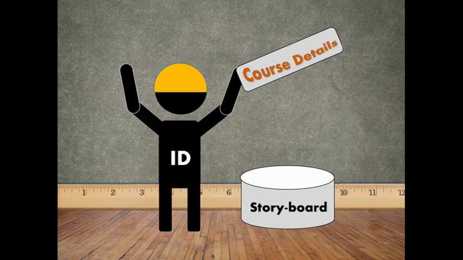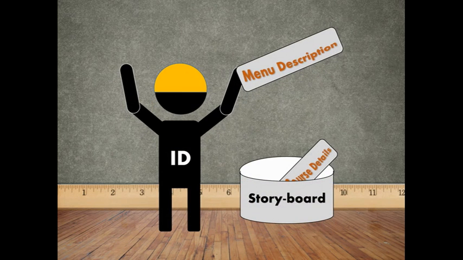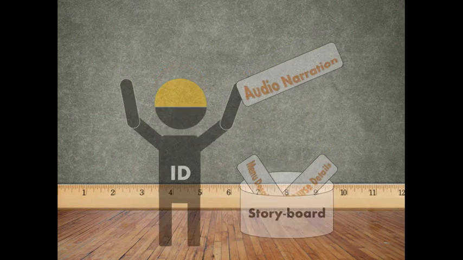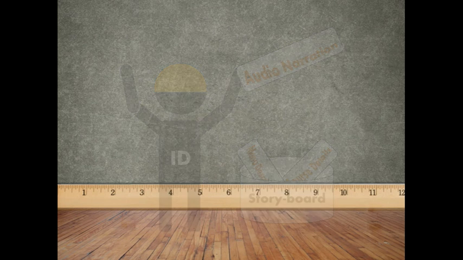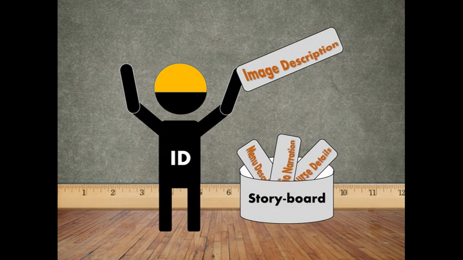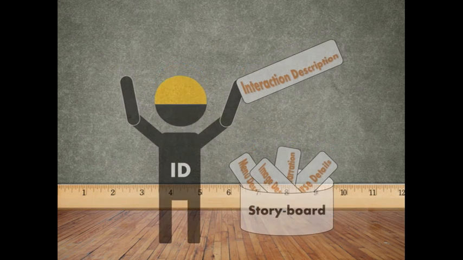You want to also include a description of your different menus. You want to include an audio narration. You want to include the image description or the actual images you will be using. You want to also include a description of your several interactions.